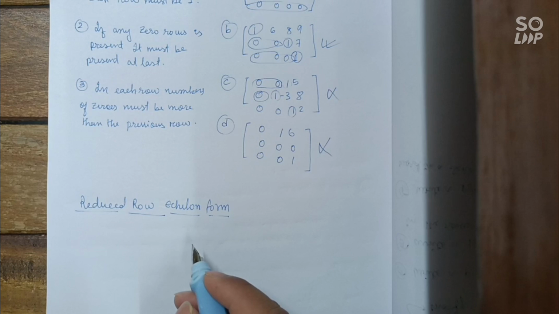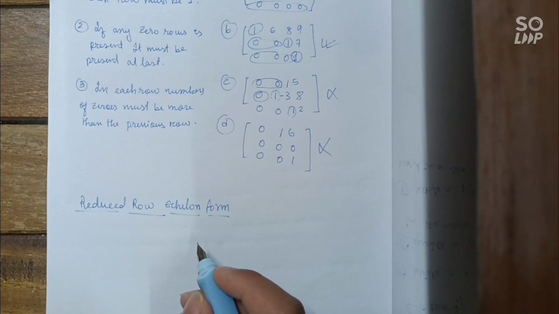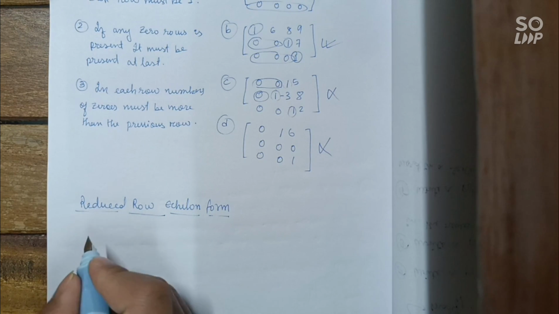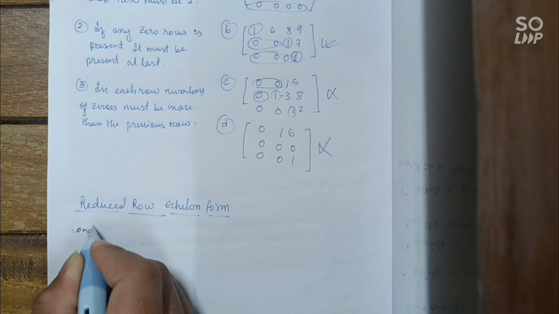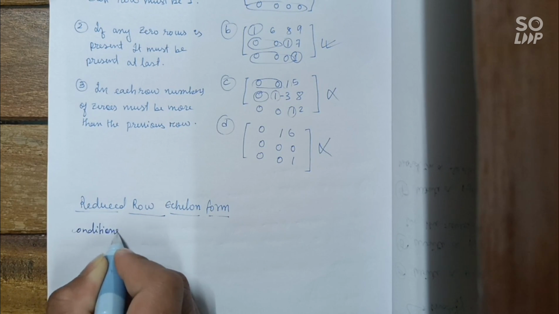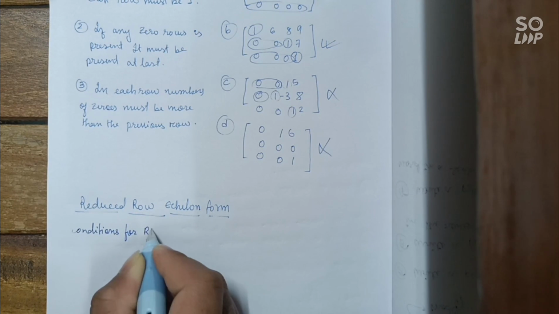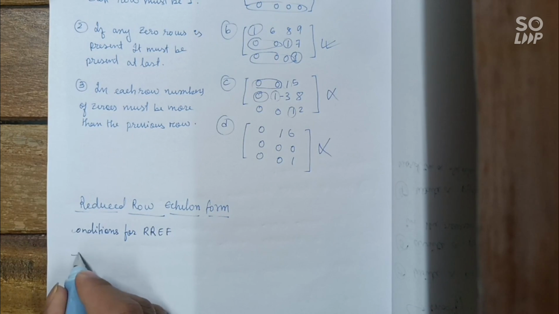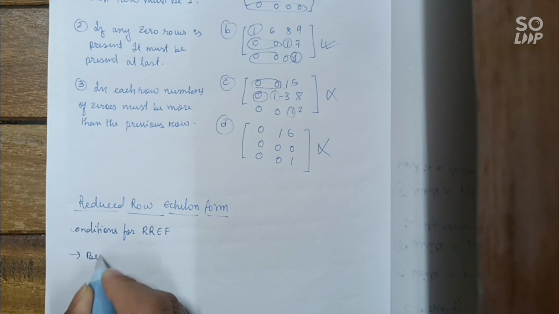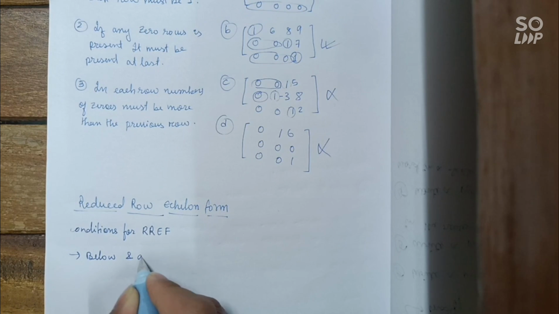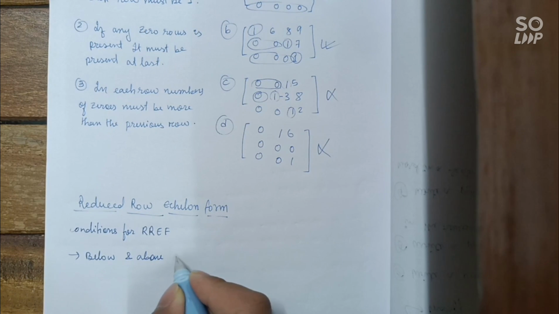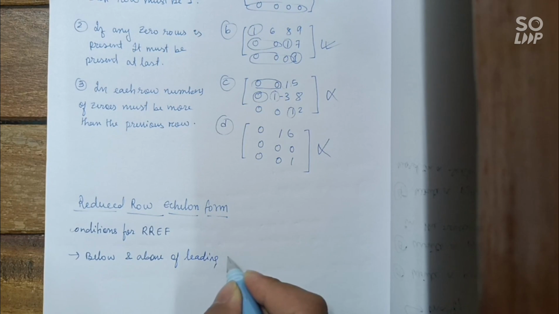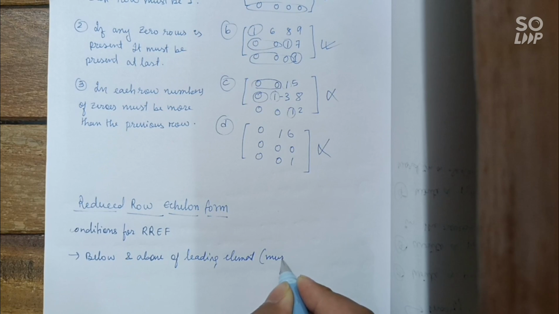So now let's discuss reduced row echelon form. Let me write the conditions for you. Conditions for reduced row echelon form: below and above of the leading element must be 0.